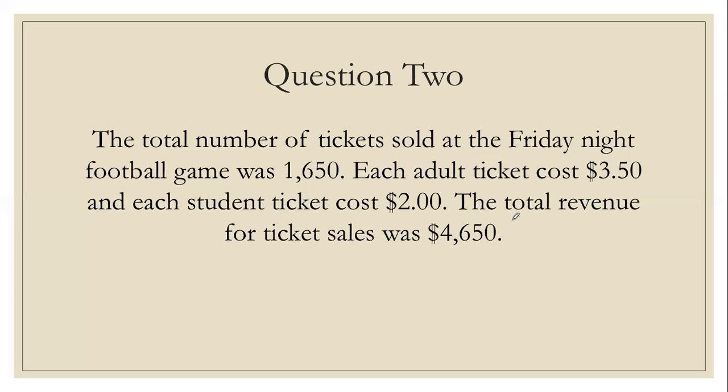So you just put x plus y equals that, and then the adult ticket is 3.5x plus 2y equals 4,650. Wait, type it down so when she calls out the thing. x plus y equals 1,650.